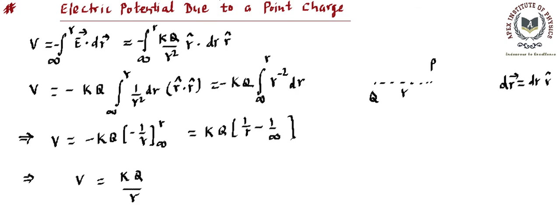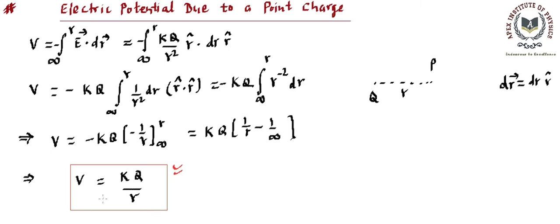Now here we have taken V as the potential, Q is the charge, and r is the distance from the point charge at which point we are interested in finding the potential, right? So that becomes a formula for us, and we will be using this formula for a point charge.